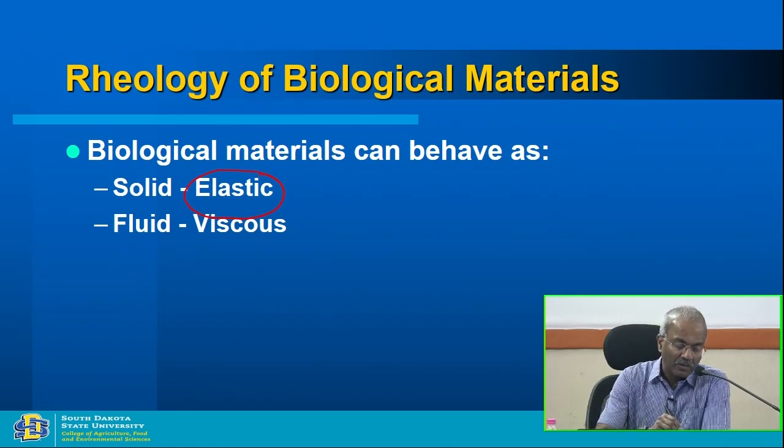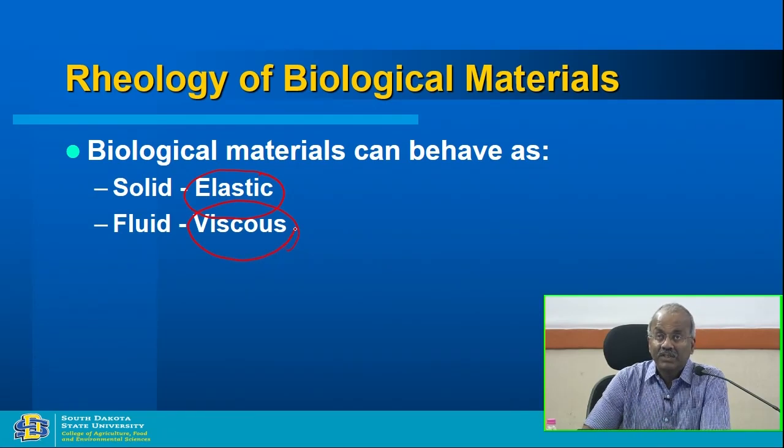Tomorrow we'll talk about the viscous nature of the material, which are mostly fluids. And also, any food material is a biological material, so it's not purely elastic nor purely viscous, right?